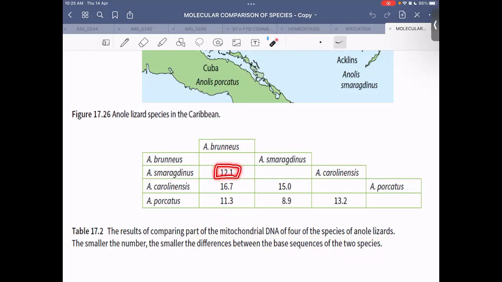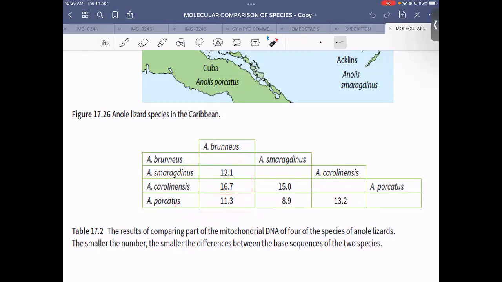Now, this number shows you the number of differences between the mitochondrial DNA of Brunnius and Smaragdinus, right? 16.7 is the number of differences between the species Brunnius and Carolinensis. 11.3 is the number of differences in the base sequences of mitochondrial DNA of species Brunnius and Porcatus.